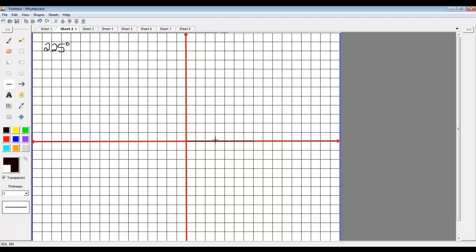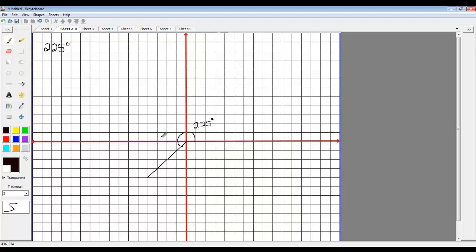We've got from the positive x-axis up to here is 90, here's 180, here's 270. So 225 is going to take us over here. Okay, so if we measure all that out, this whole angle here is 225 degrees.